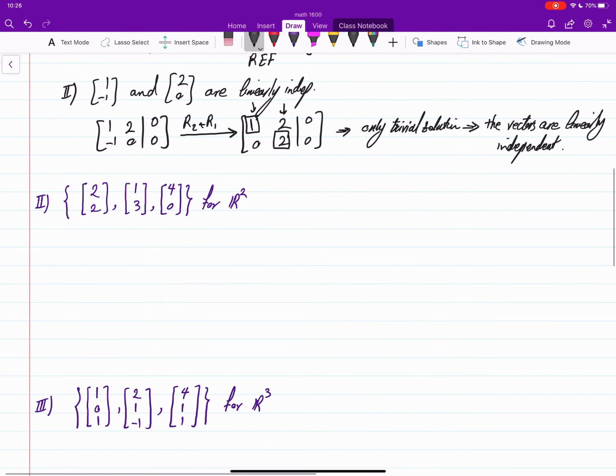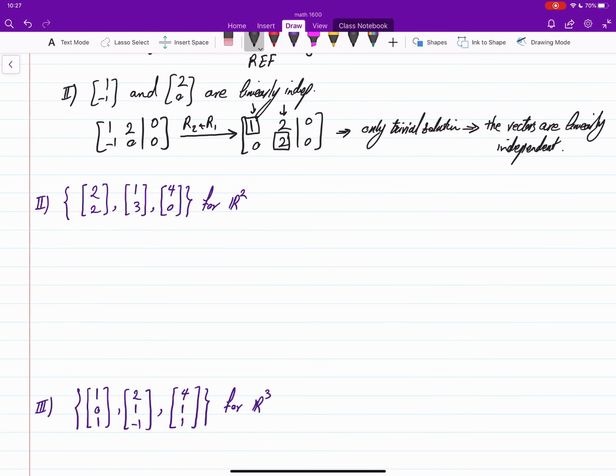Very nice. How about this one? We have (2, 2), (1, 3), (4, 0). Is it a basis for R2? We have to check if they span the whole R2 and if they are linearly independent. Let me just tell you something about linear independence. Remember, any set of vectors with 2 components that has more than 2 vectors is linearly dependent.